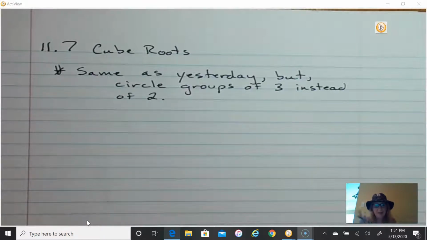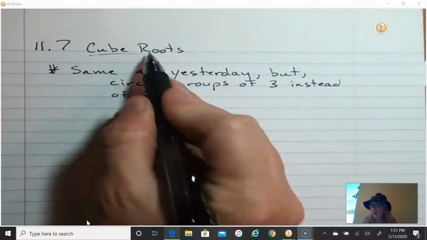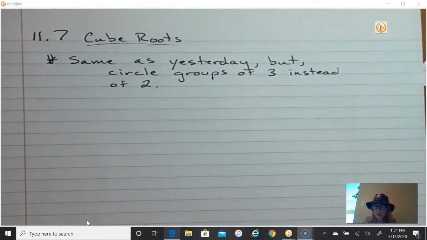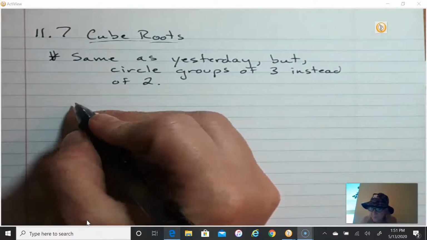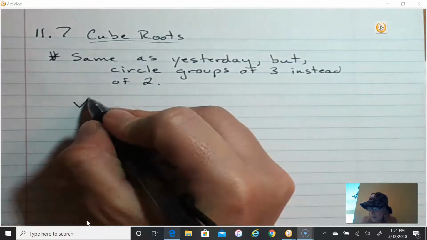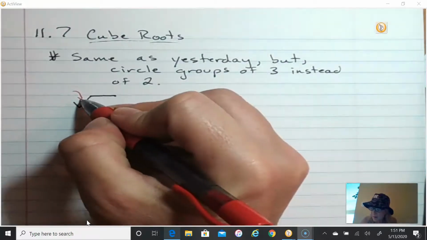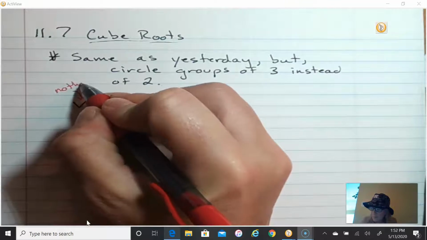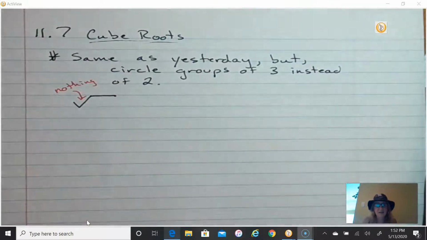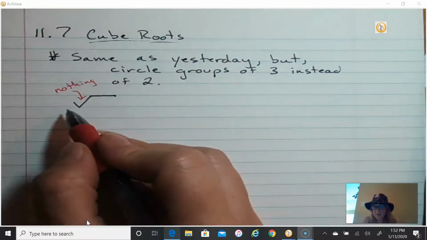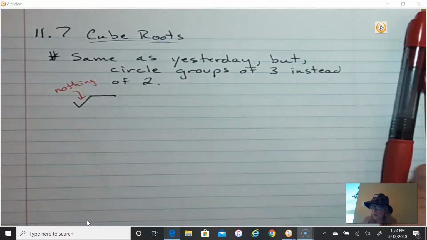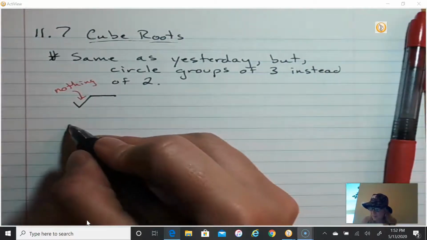That's it. Okay, so let me explain what cube roots mean. So yesterday, you had something that looked like this, right? Notice there was nothing in that little check thing. You know what goes in that little check thing? That's where your root goes.